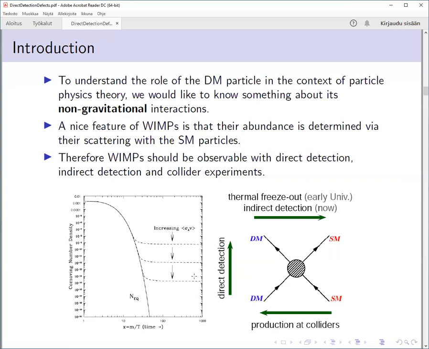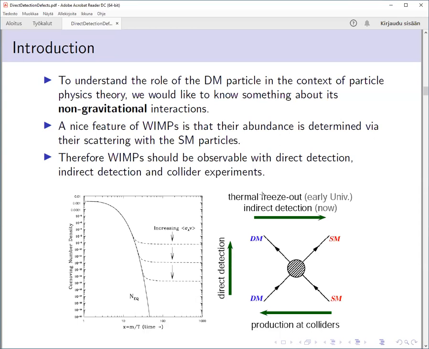It is a very cold, more like a condensate, like a classical field. It just turns out that the equation of state of this kind of a classical field with the quadratic potential is basically the same as for cold dark matter. So that's why the axion looks like particle dark matter when you look at it at scales larger than, let's say, the de Broglie wavelength of the axion.